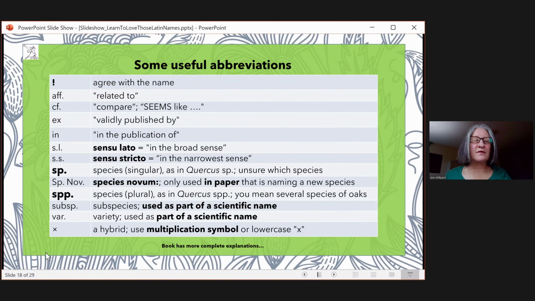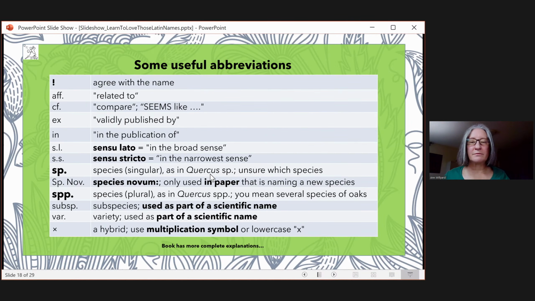A few useful abbreviations. I'm going to just give you the ones I think are most helpful. SP is an abbreviation for species. So if you write or type Quercus sp., it means you're unsure which species of oak it is.